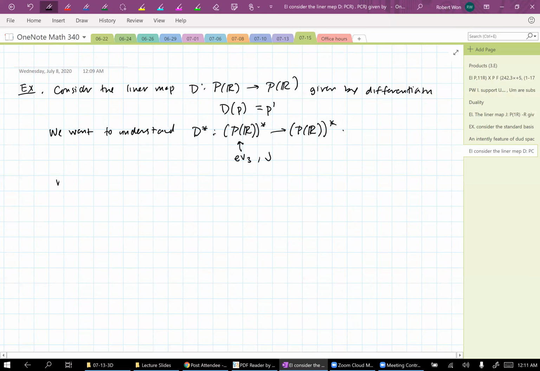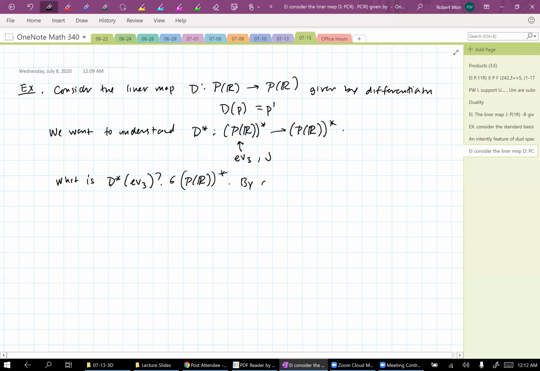Okay, so what is D dual of this linear functional, evaluation at 3? Well, how is it defined? This thing is going to be an element of the dual space to P of R, so it should be a function that takes in a polynomial.